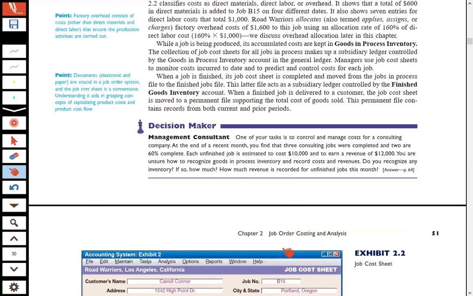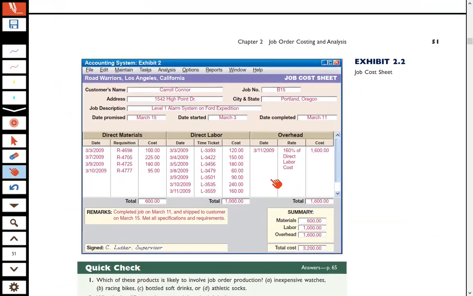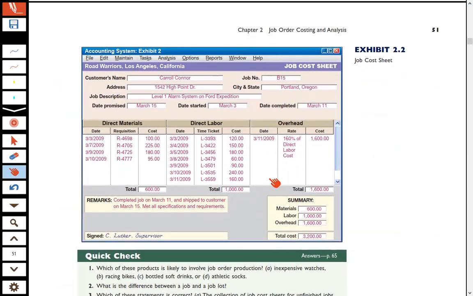This looks like that. This is a job cost sheet. It may be a system-generated job cost sheet, or it may be manual, or in the form of an Excel sheet, in which we have different details: customer's name, address, job description, date promised when we have to deliver, date started, date completed, job number, city and state, and finally, the main things: direct materials data, direct labor data, and overheads data.